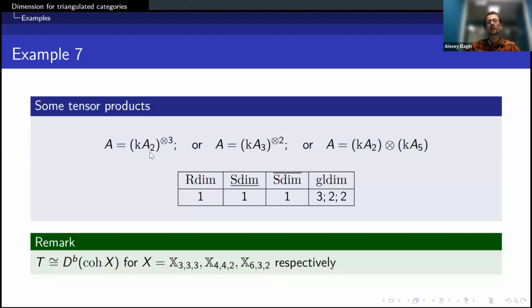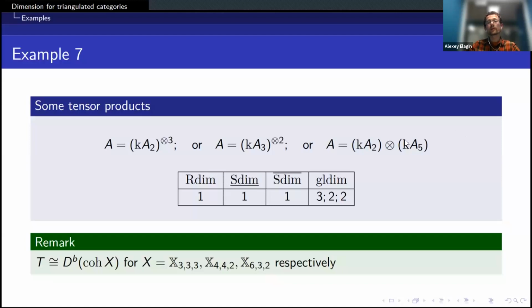This is A2 to the power 3, or A3 to the power 2, or the product of A2 and A5. These 3 algebras are very nice. They appear in many contexts, in many situations.